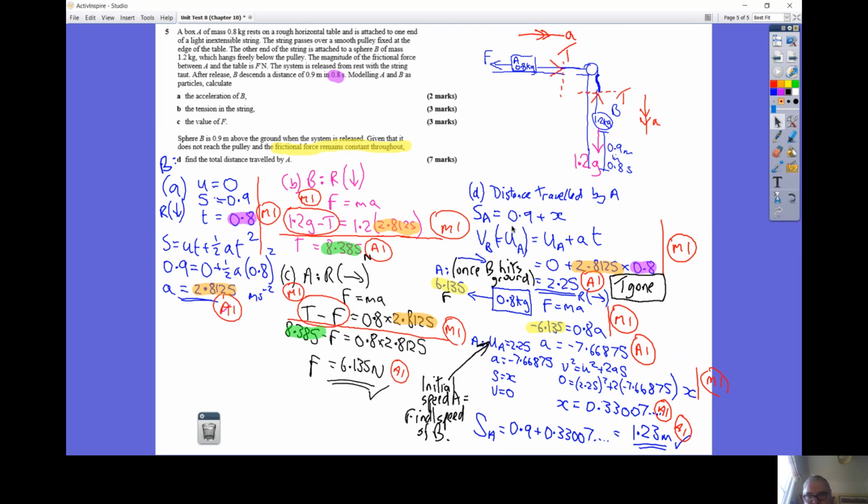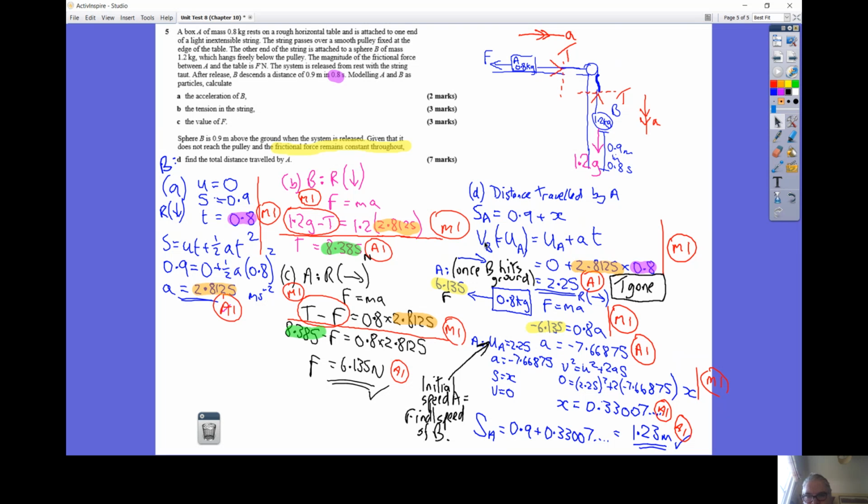What we're going to need to know for A is its initial speed as it starts its independent journey once B has hit the floor. That's going to be the final speed of B before B hits the ground.